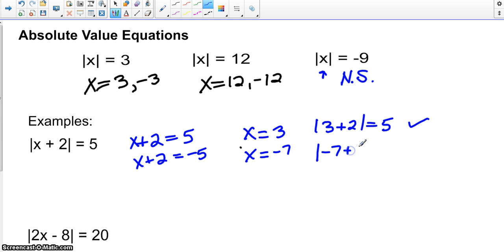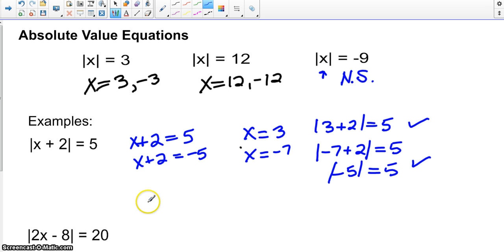Negative 7 plus 2, taking the absolute value of that, and I want 5 for my answer. Well, if I evaluate this, I get a negative 5, right? But when I take the absolute value of that, I get 5. So that works as well, okay? So that's basically the idea of solving absolute value equations.